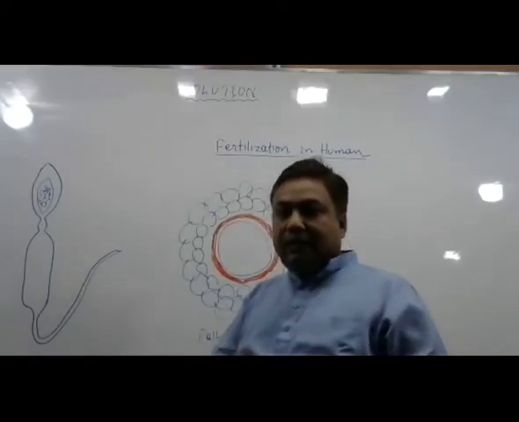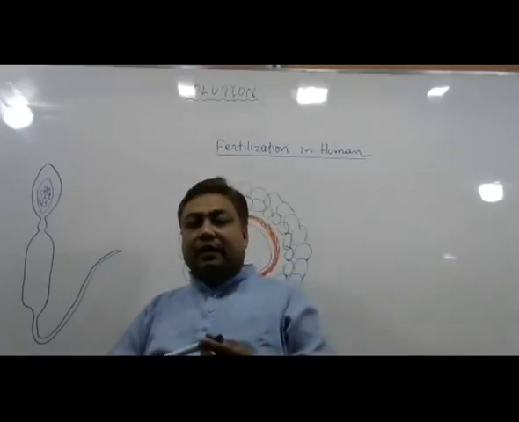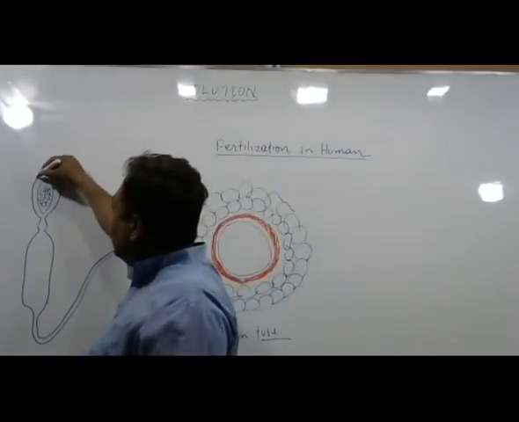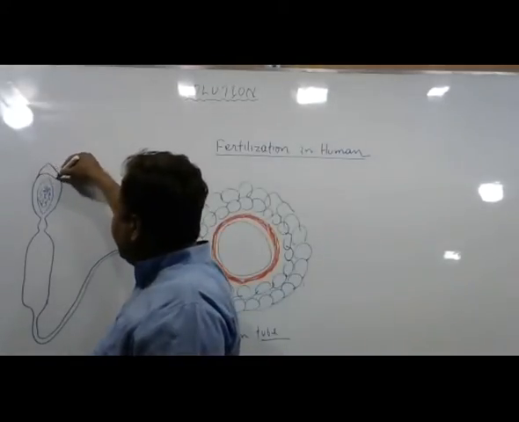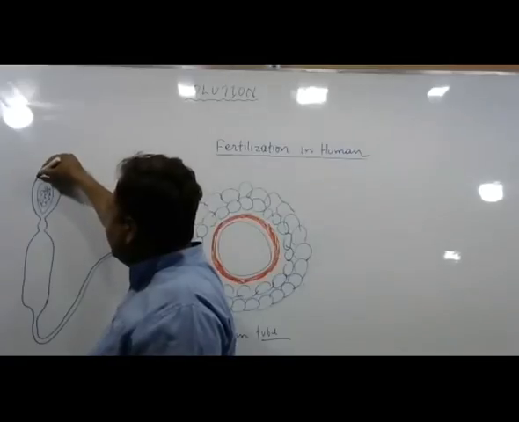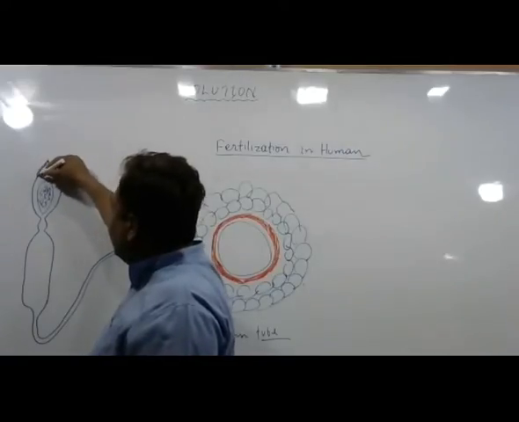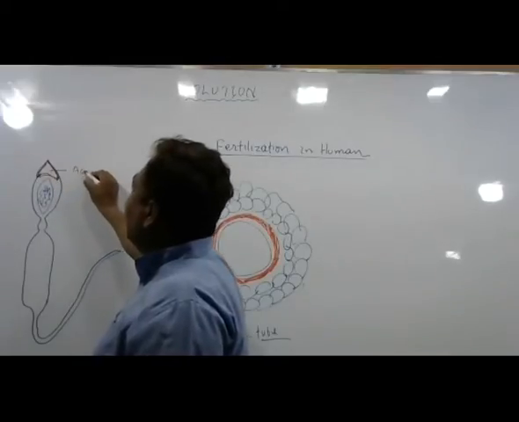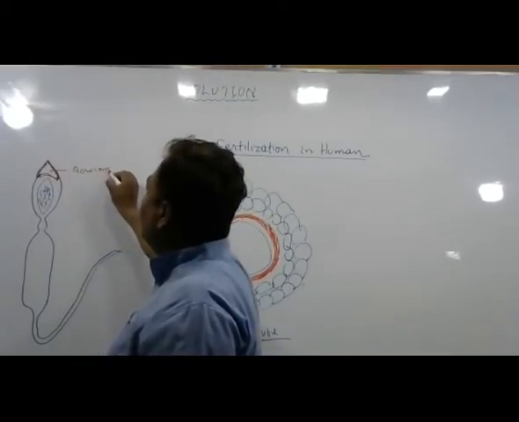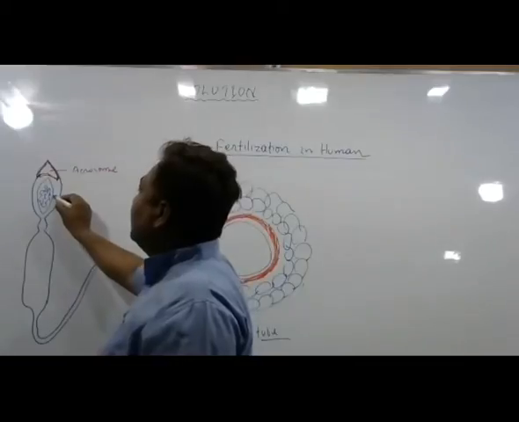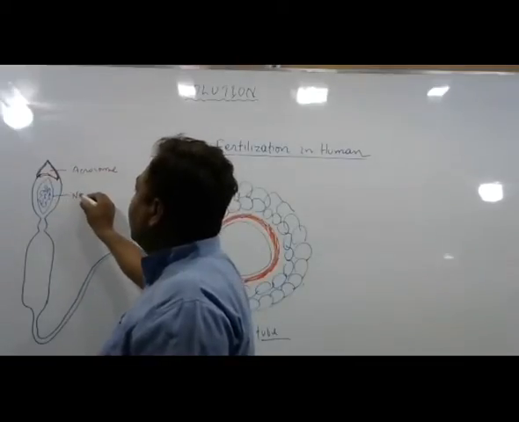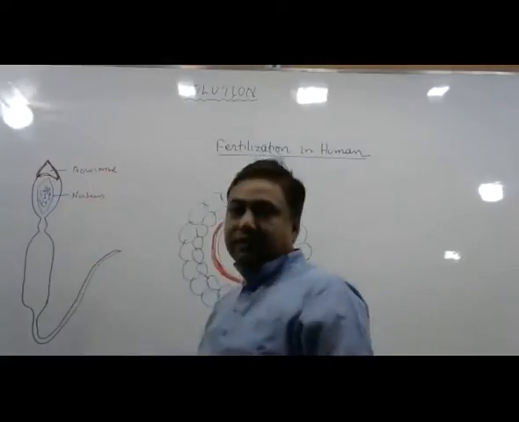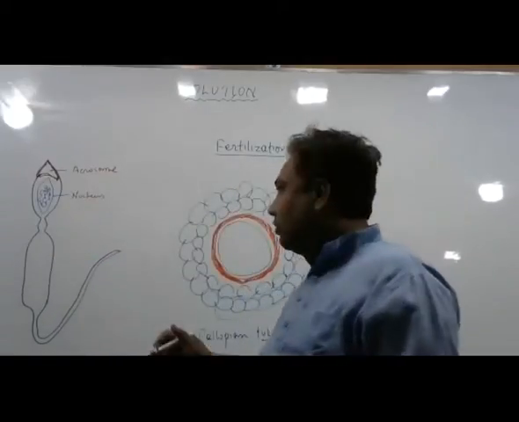And the tip is a package which is called acrosome. And the neck region contains centriole.